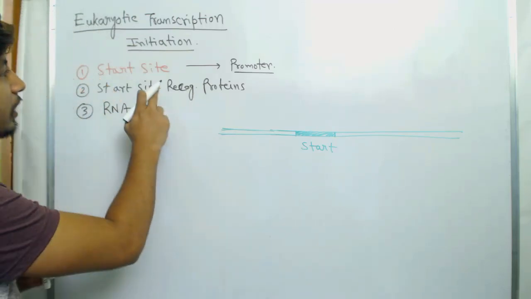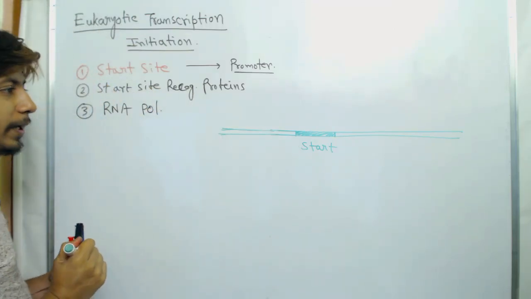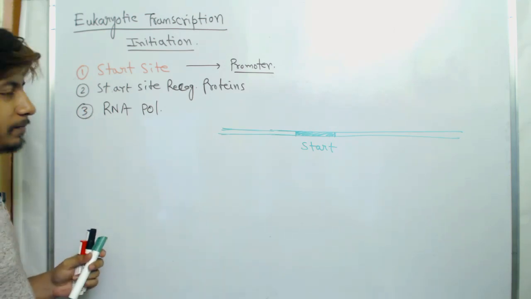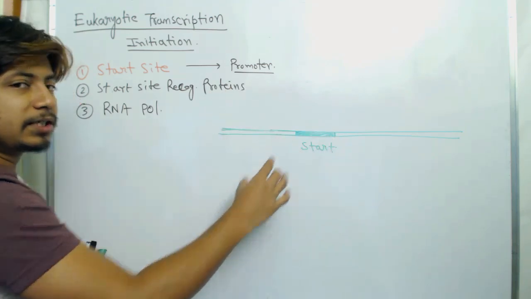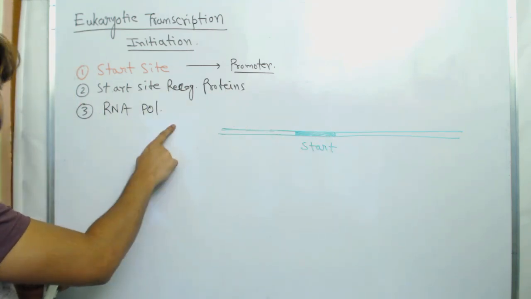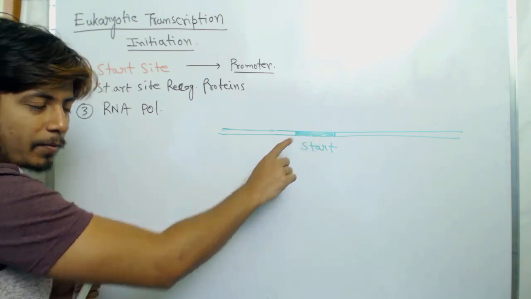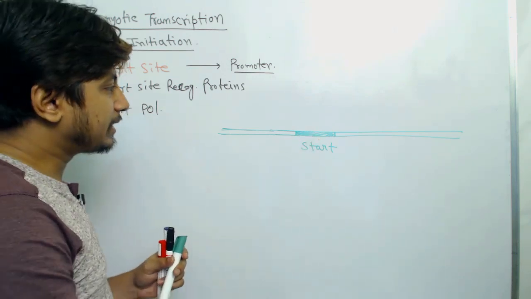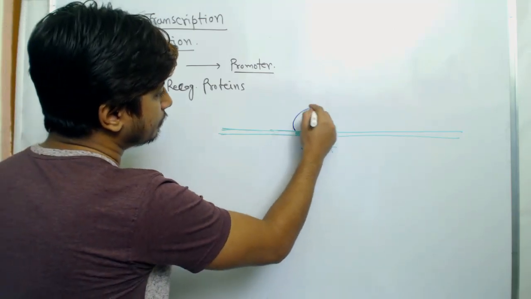But RNA polymerase cannot recognize it directly on its own. Okay, this is the first problem. So it requires the start site recognition proteins to recognize the start site, then recruit the RNA polymerase so that polymerase can bind to the start site. Now the second problem is, let's say now the polymerase is attached to the start site.